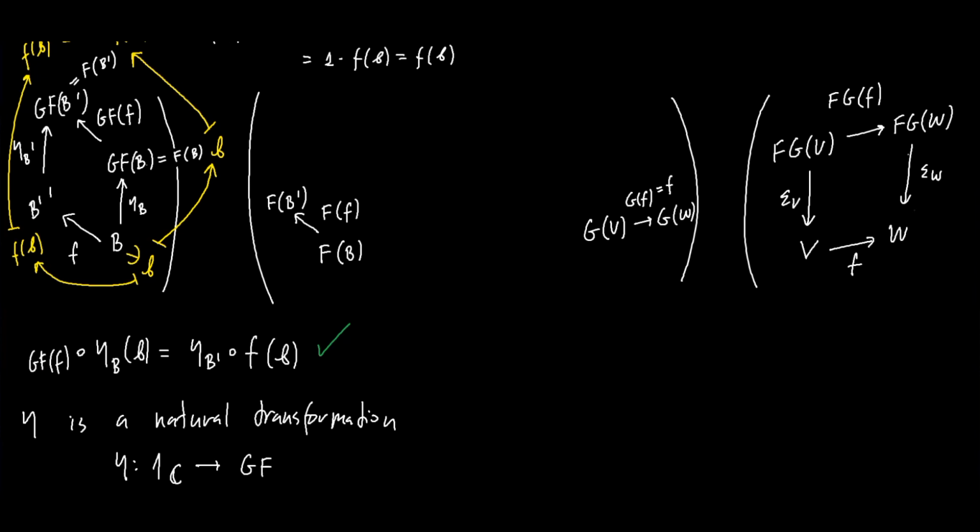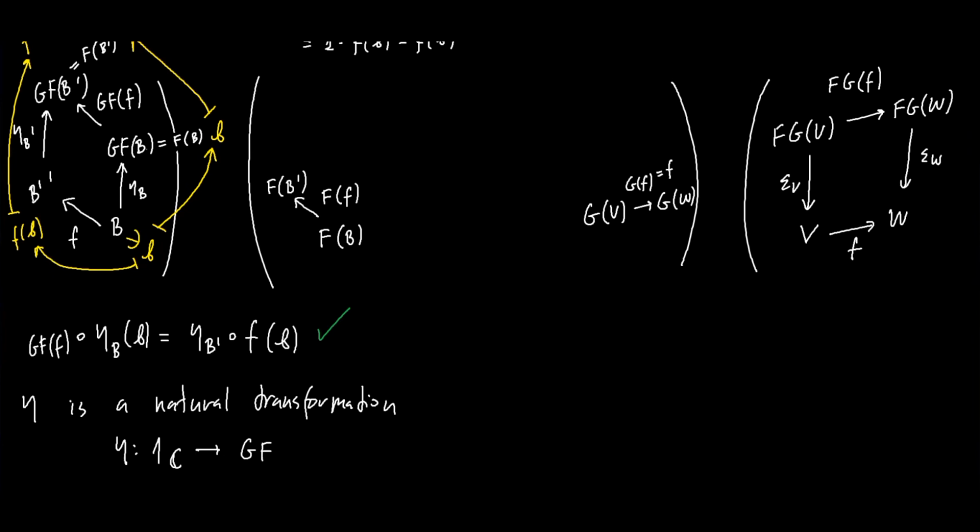I want to prove that this square commutes. So I'm going to do that with the same strategy. I'm going to pick an element, but this time maybe I'll do the argument algebraically because we need to compute those formal linear combinations. I'm going to pick an element here.